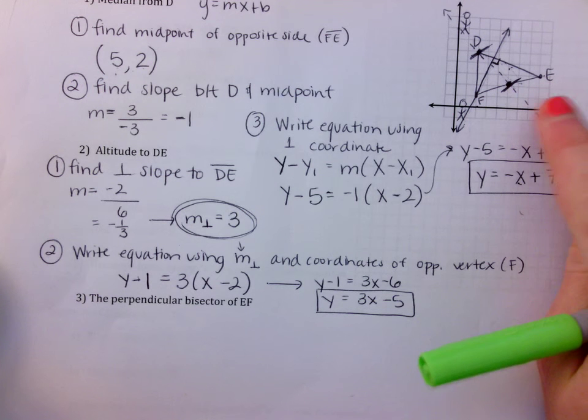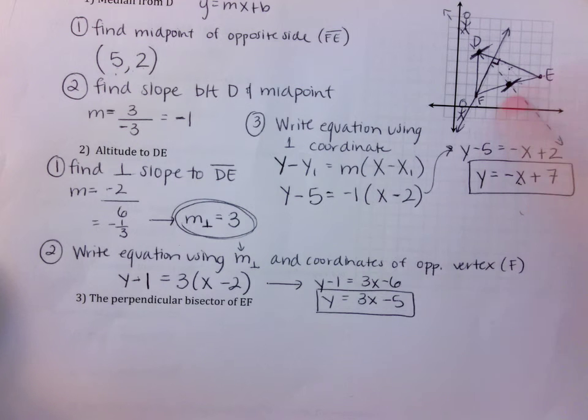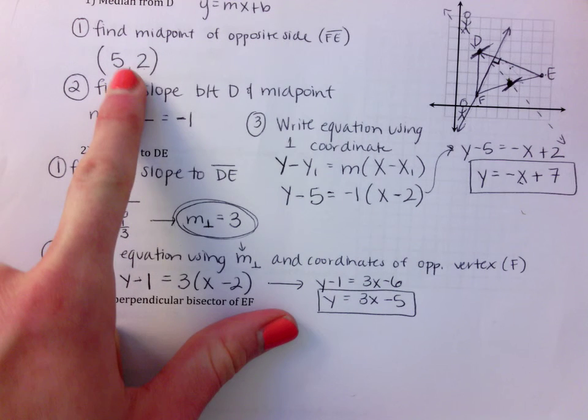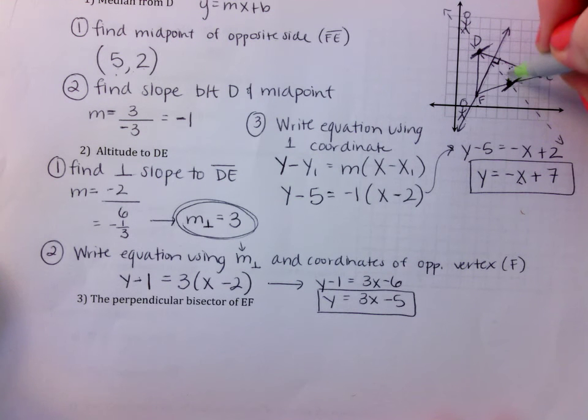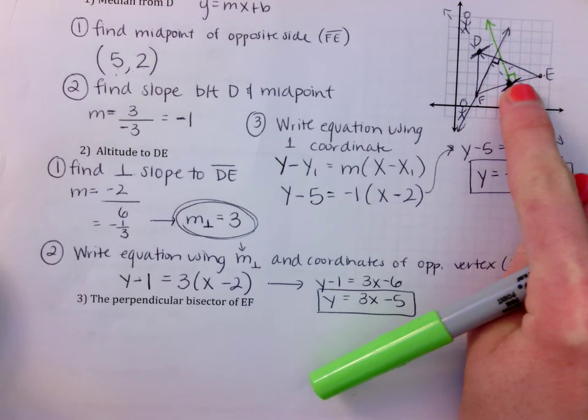And all you're going to do there is, you know that from the top we just went over, perpendicular bisector goes through the midpoint, and lucky for us, up here we've already found the midpoint of EF, and it is perpendicular to that side. So in this case, it's probably going to look something like this. I'm doing it in green just so you can see it easier. So it's going to pass through the midpoint, and it's also going to be perpendicular.